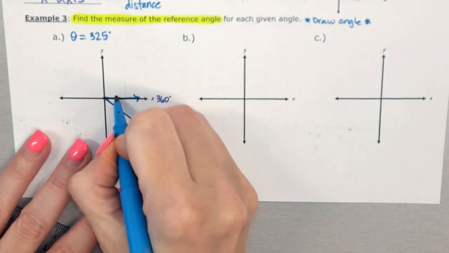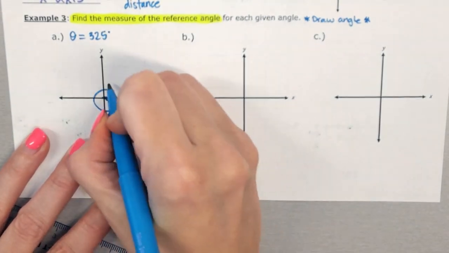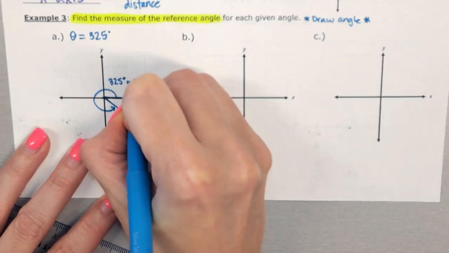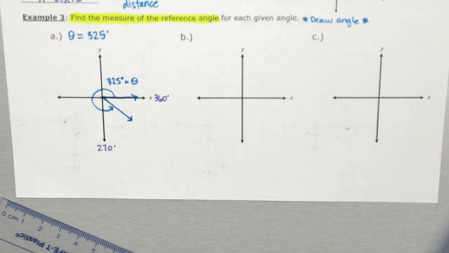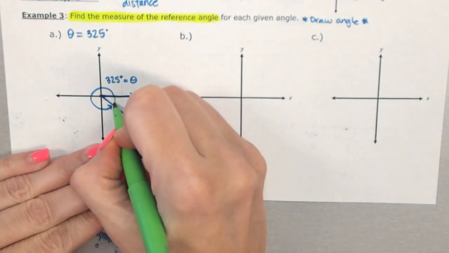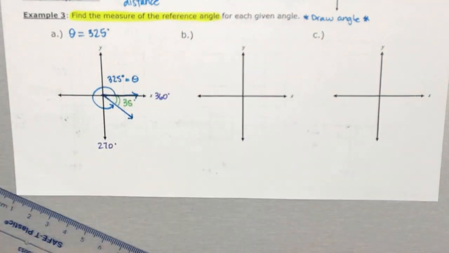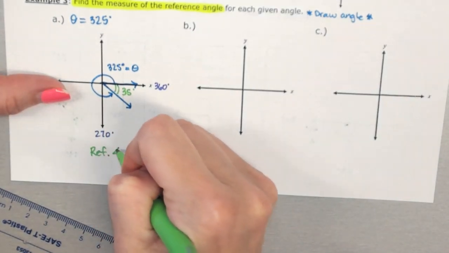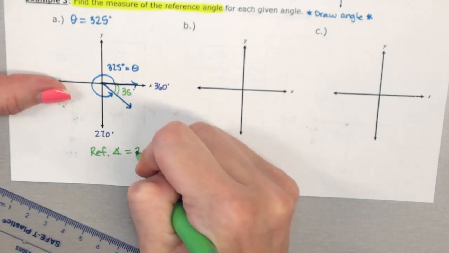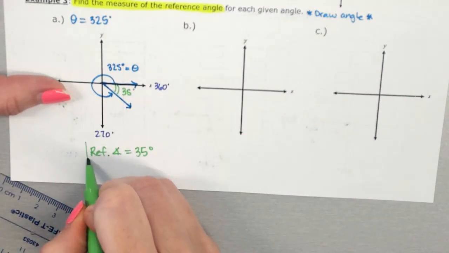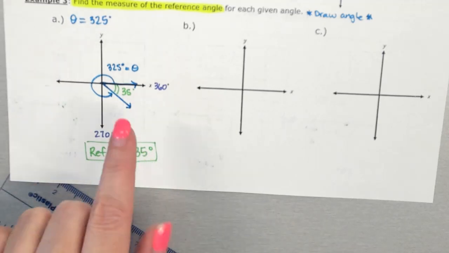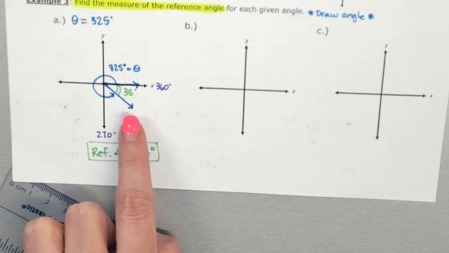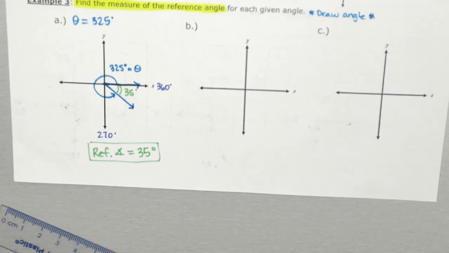So when you're making this angle, because you've already thought about the distance of 35 degrees, you've already done that work for finding your reference angle. I'm going to use my angle symbol. Okay, so when you're thinking about how you are making your angle, you are likely going to be thinking about what the reference angle is.